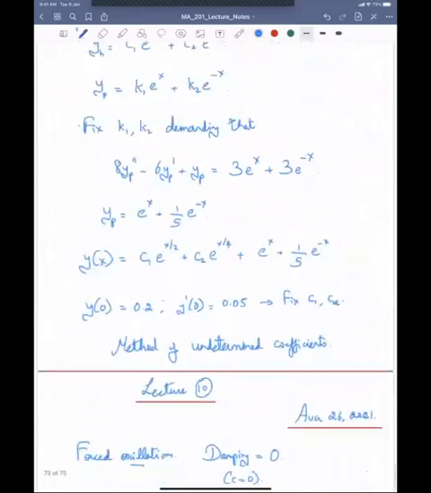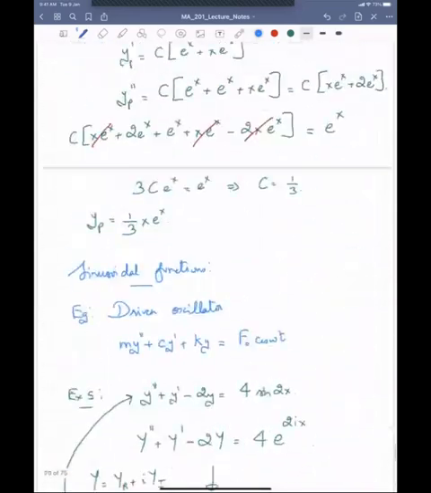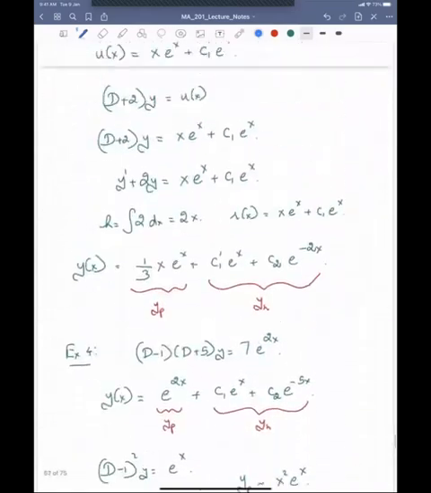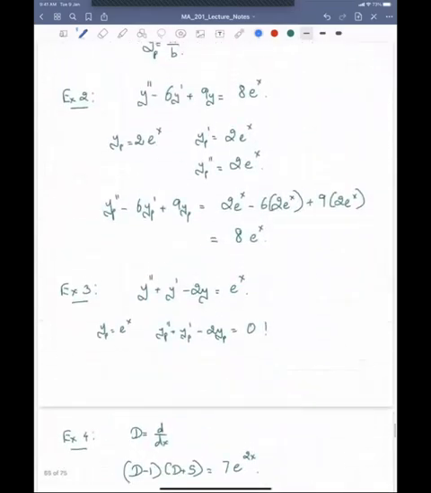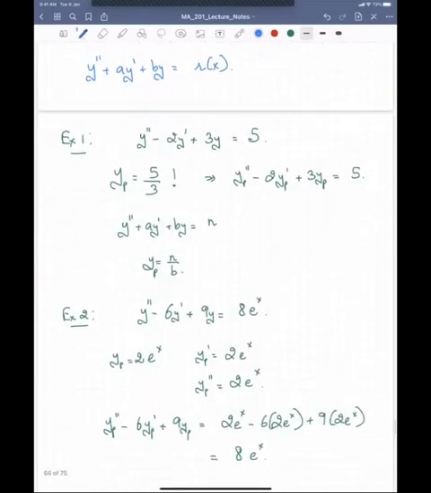Okay, so let's go back to an example I think we worked out yesterday. There, example 1, we looked at this equation. And I told you that if the right-hand side is a constant, you could simply guess the particular solution. The particular solution is also a constant. Right? In this case, it was 5/3 because if you plug in y equals 5/3, it easily solves this equation. Right?